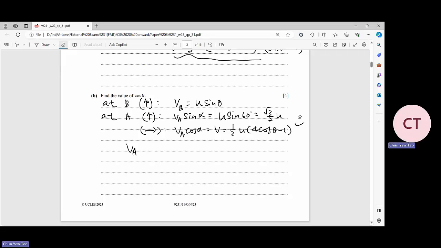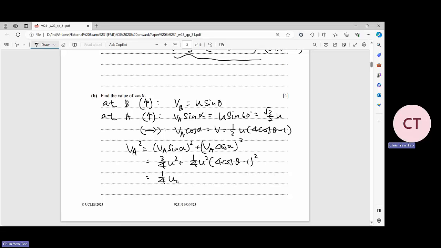Okay, how do you get VA square? So VA square is actually same as the VA sine alpha, you square it, plus the VA cos alpha, you square it. You don't really need to know the value of sine alpha and cos alpha. So over here, you will get this as the 3 over 4 U square plus of 4 cos theta minus 1 square.